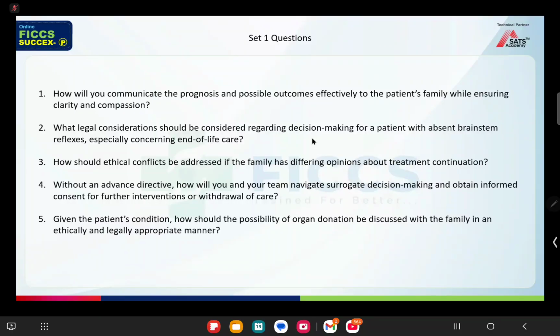And also ethically and legally, it is very important that the signatures are done by the next of kin. So if it is a wife, if it is the parents, everyone's signature has to come. Or if it is an elderly person who does not have a wife but has only children, all the children, even if they are not here, you have to ensure that you get the signatures from everywhere.